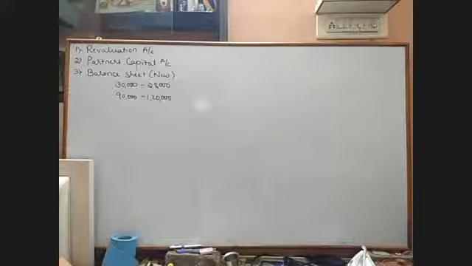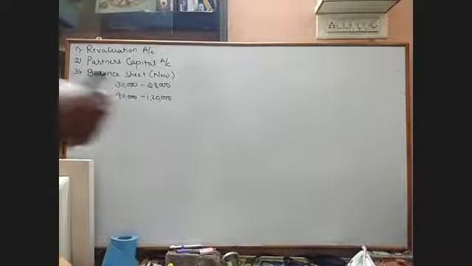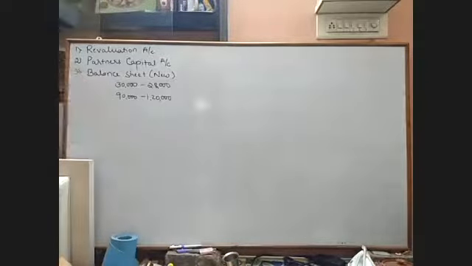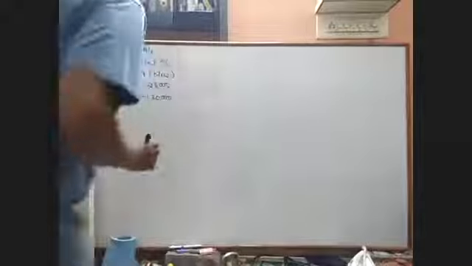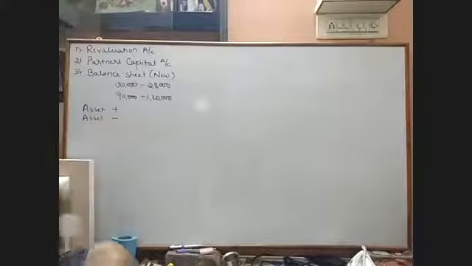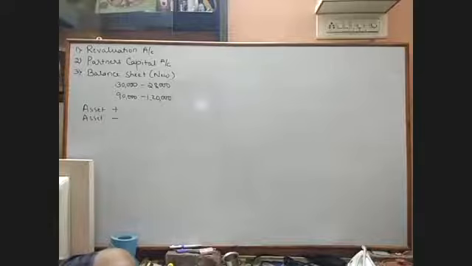These are the possibilities, and what we need to remember is to check all the possibilities. First, when it comes to assets, asset value can increase or asset value can decrease.